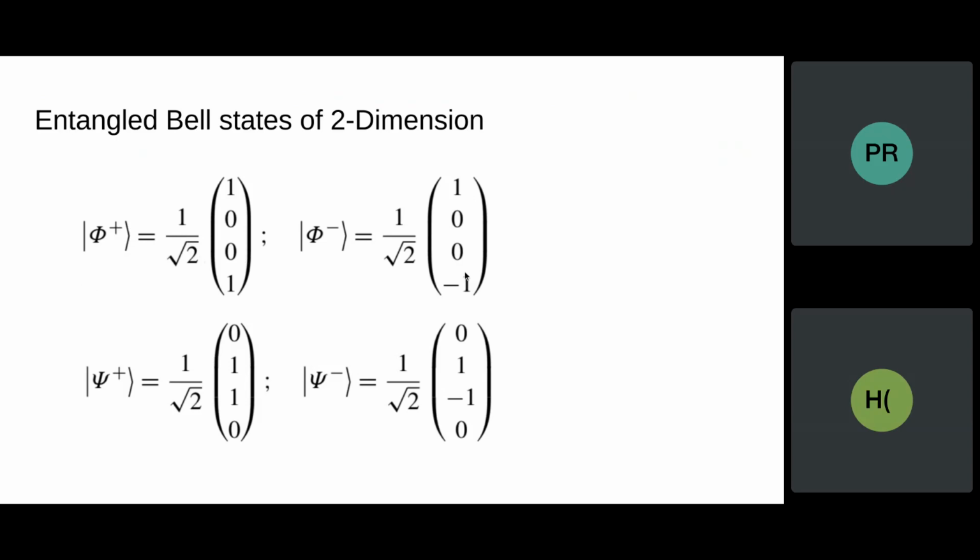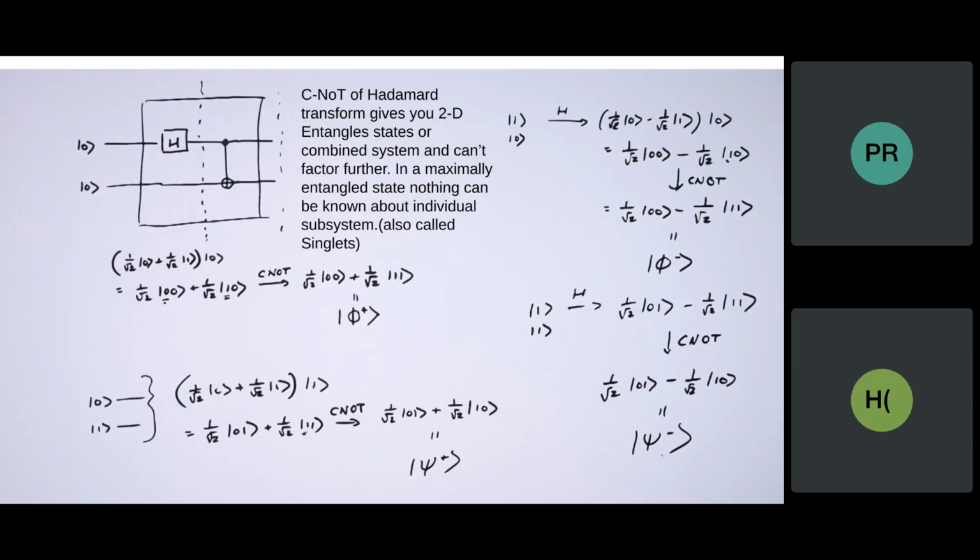So you can see that once you have one of them, then you have a problem. Even though they satisfy the unitary condition, that is 1 by root 2, the probability is half. So if you have a linear combination of four where two items are zero and only two items are represented, then it's a problem, and that's what you are seeing in this case. These four are entangled states, as they are called.